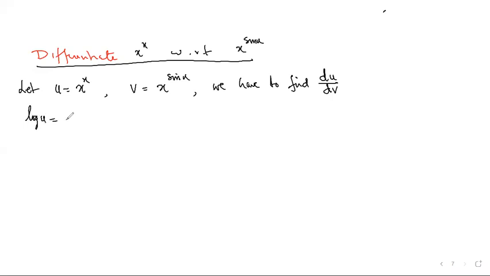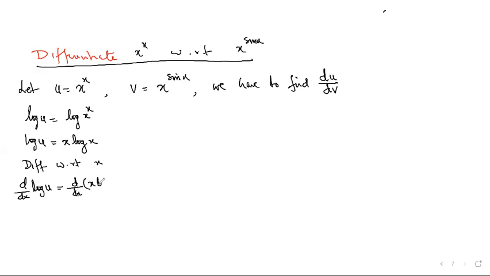Log u is equal to log x to the power x. Log u is x log x, differentiating with respect to x. d by dx of log u is d by dx of x log x.